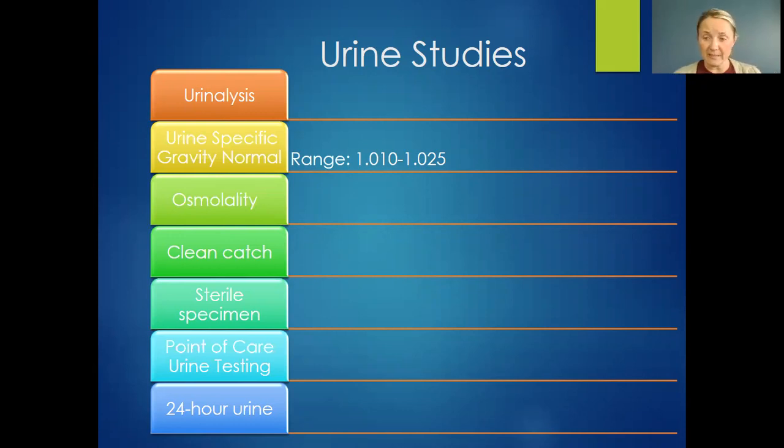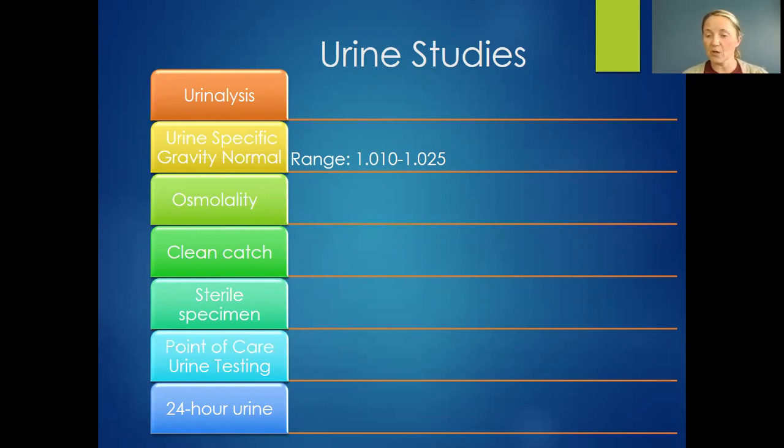Typically with a urinalysis, we'll actually talk about it in a minute about how we collect it. But it can detect or measure several different substances in the urine, as well as byproducts of normal and abnormal metabolism. It can look for cells and cell fragments as well as bacteria.